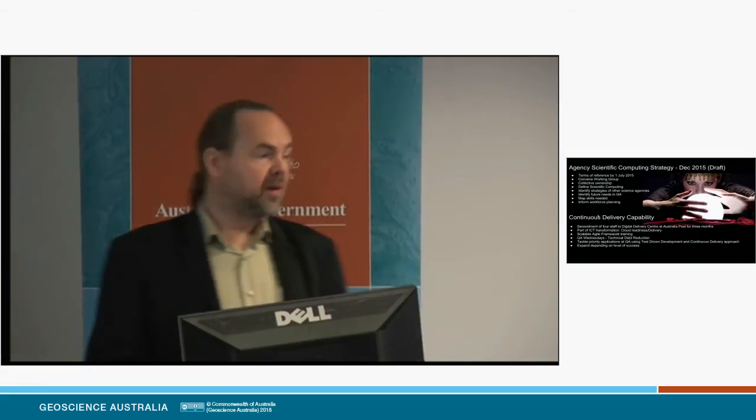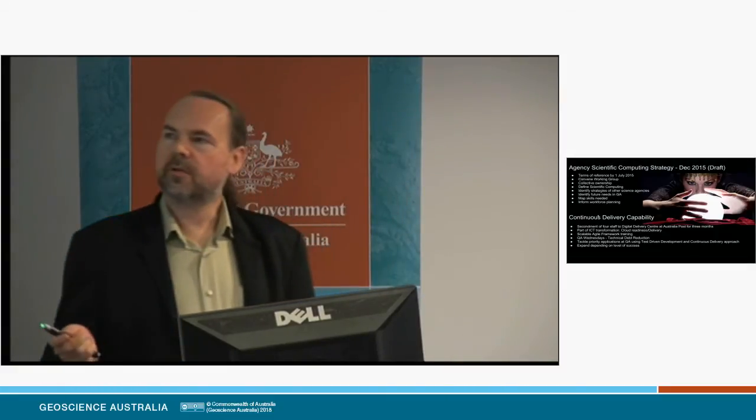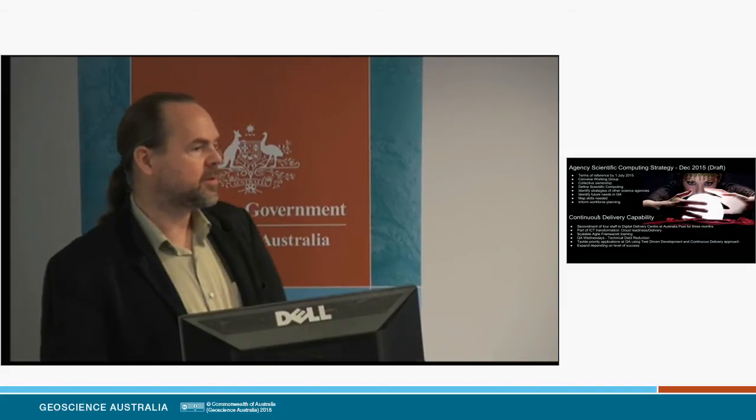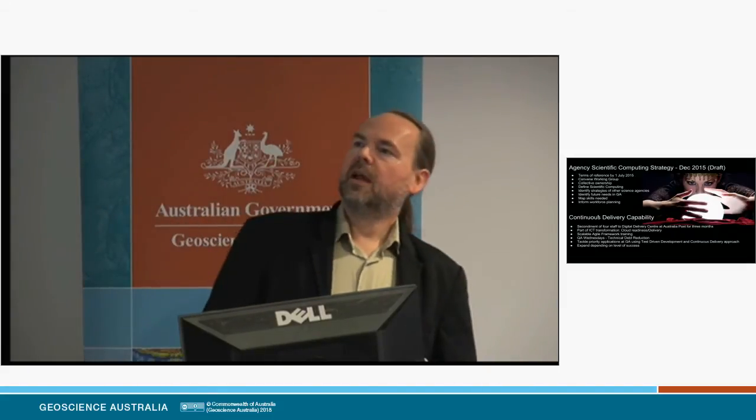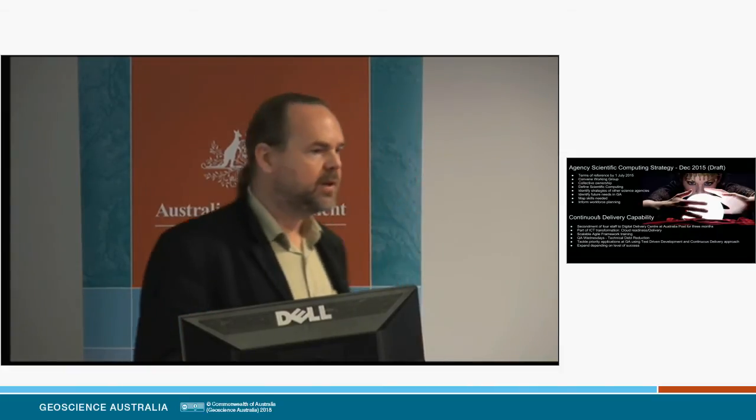It would need to define scientific computing a lot better than I tried to do before, but come up with a robust definition that makes sense to us. It really needs to look at what the other science agencies are doing, both in Australia and globally. It needs to identify very clearly what our needs are as we understand them collectively.